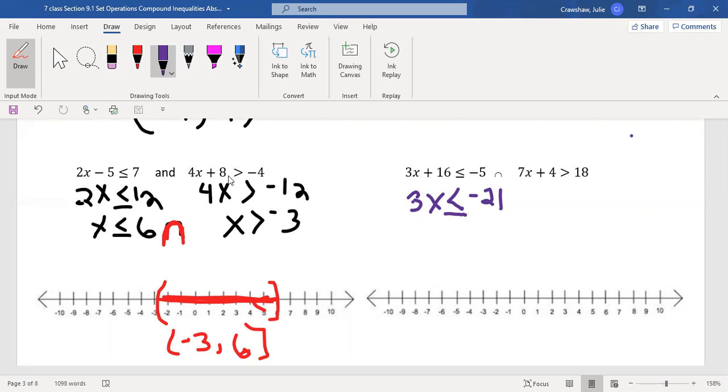Then we divide both sides by 3, and we get x is less than or equal to -7, because -21 divided by 3 is -7. I didn't have to flip anything because 3 was not negative. It's only when the number in front of the variable is negative that you're dividing by that causes you to flip.